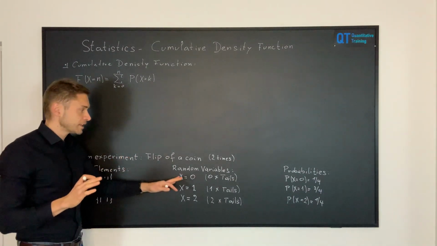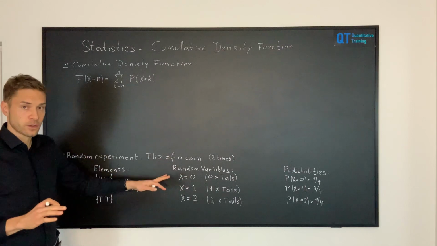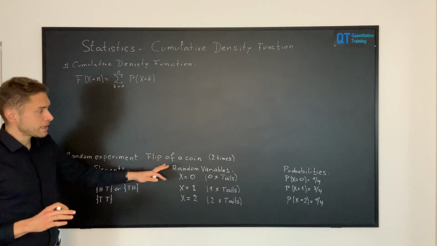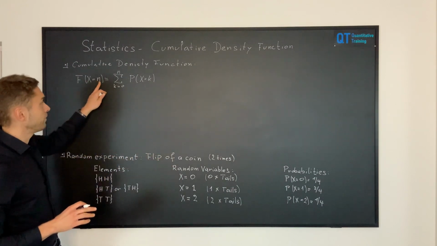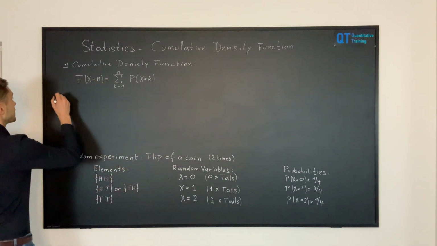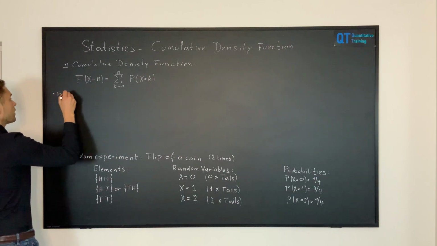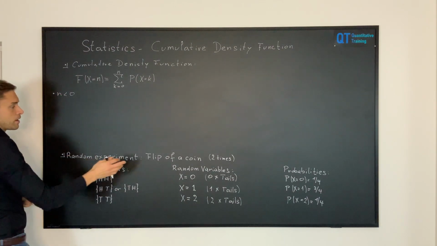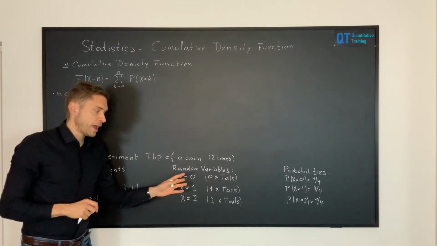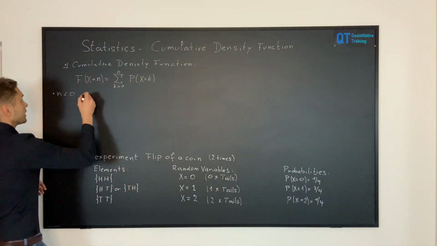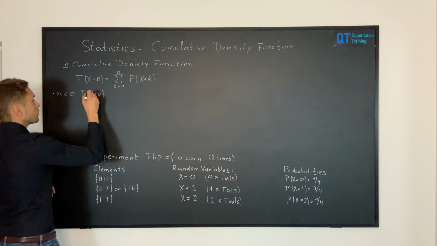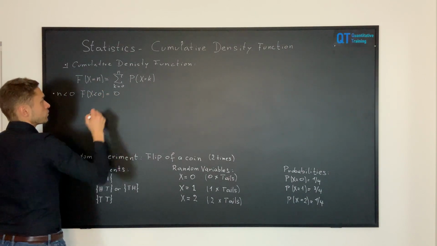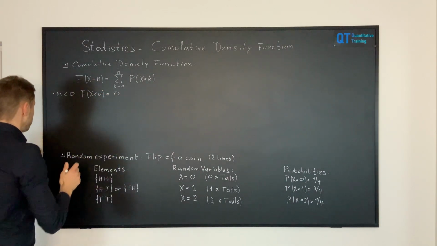Now we use this example, the flip of a coin 2 times, and have a closer look at the different values of n. First we have n smaller than 0, but we actually have no value for n smaller than 0, so the associated cumulative density function of x smaller than 0 is 0, because there's no value for it.